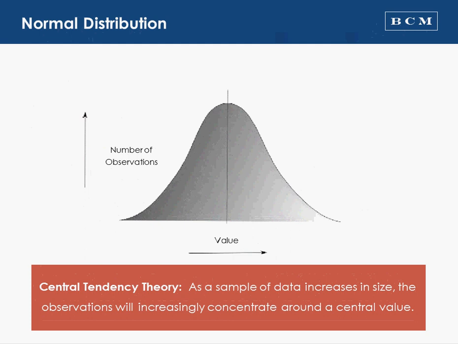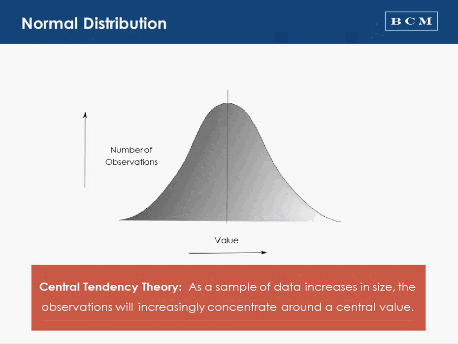This is also known as central tendency. And if we were to plot the results onto a graph with the number of observations on the vertical axis and the value that we are measuring on the horizontal axis, we'd end up with something that looks like this, which is commonly called a bell curve.